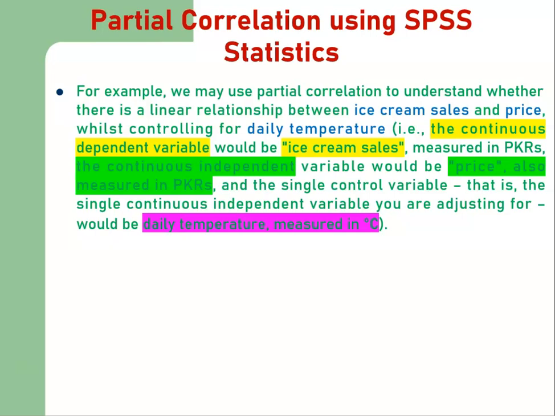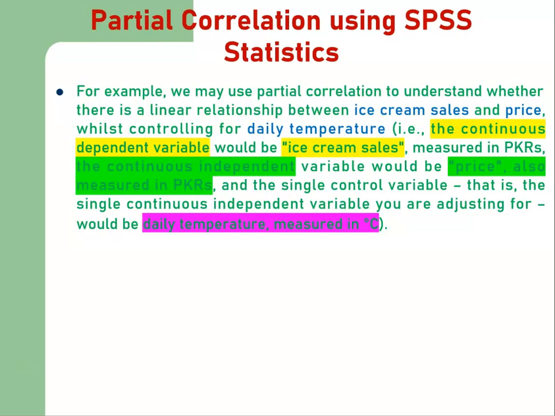That is, the continuous dependent variable would be ice cream sales in this case, measured in Pakistani rupees. The continuous independent variable would be the price of ice cream, also measured in Pakistani rupees, and the single control variable, that is the single continuous independent variable which we are adjusting for, would be daily temperature, which is measured in centigrade.